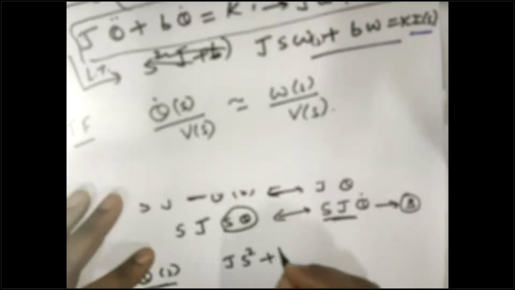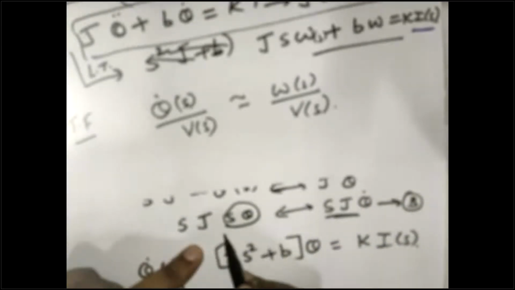from these particular equations, I will be getting J into (s square plus B) of theta equal to K into I of s. Or I can write it as J s square theta as J s into theta dot plus B of theta equal to K into I of s.